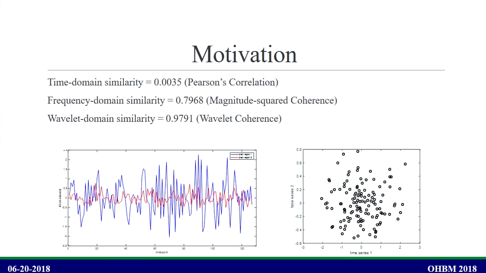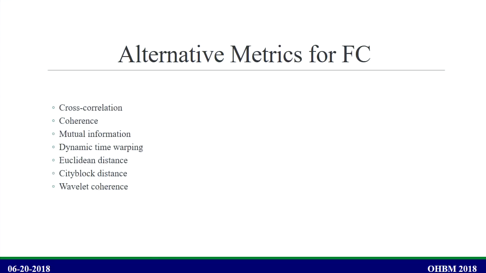That led us to wonder whether Pearson correlation alone can completely quantify functional connectivity, at least in cases where the groups are very similar, like the two stroke groups, where we are trying to identify differences. To investigate this, we looked at a couple of different alternative metrics to define functional connectivity.